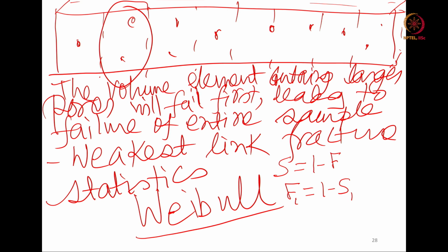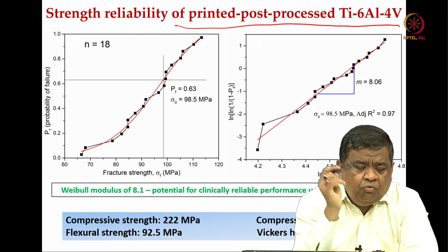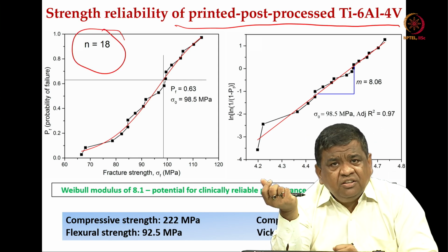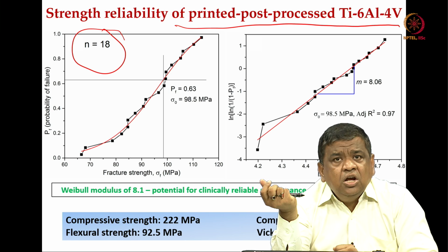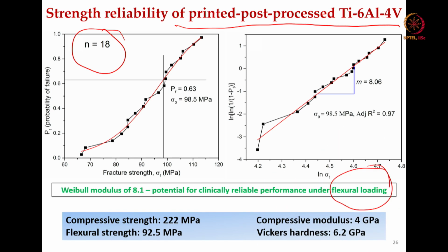And then you can find out what is the failure probability. If you do this failure probability calculation, this is the probability of failure as a function of fracture strength for this kind of 3D printed and sintered Ti6Al4V. We have taken 18 samples. So, larger the number of samples that you test under the 3-point bending, which is essentially used under flexural loading conditions, more is the good statistics.